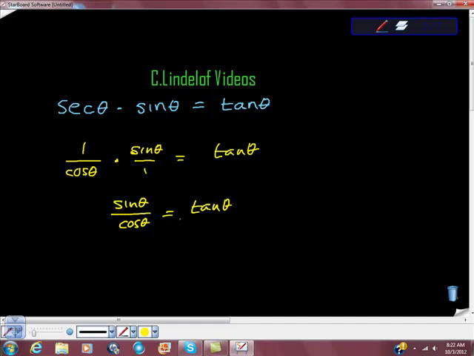It's the same thing as before, a quotient identity, or just the tan identity. So I'm going to call this one the tan identity, tan ID, which is exactly the same as saying a quotient identity. Is that all right?